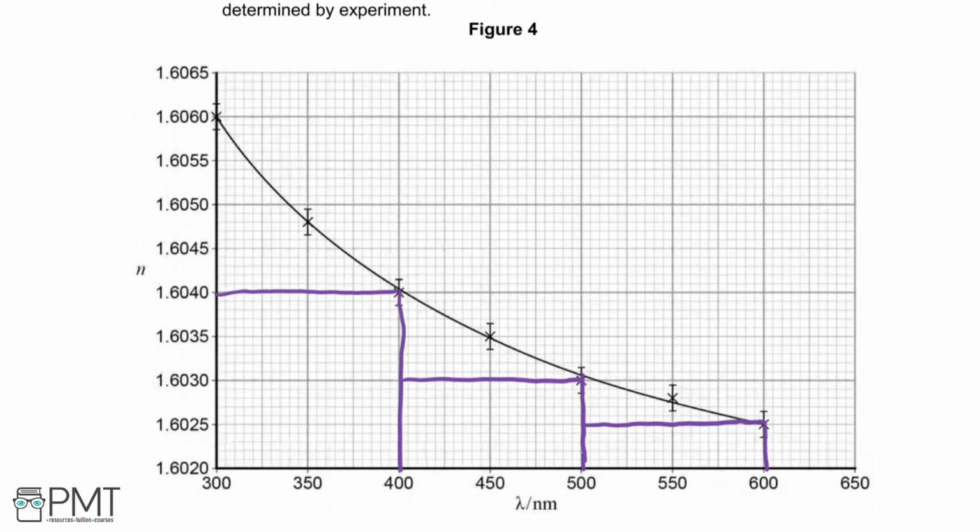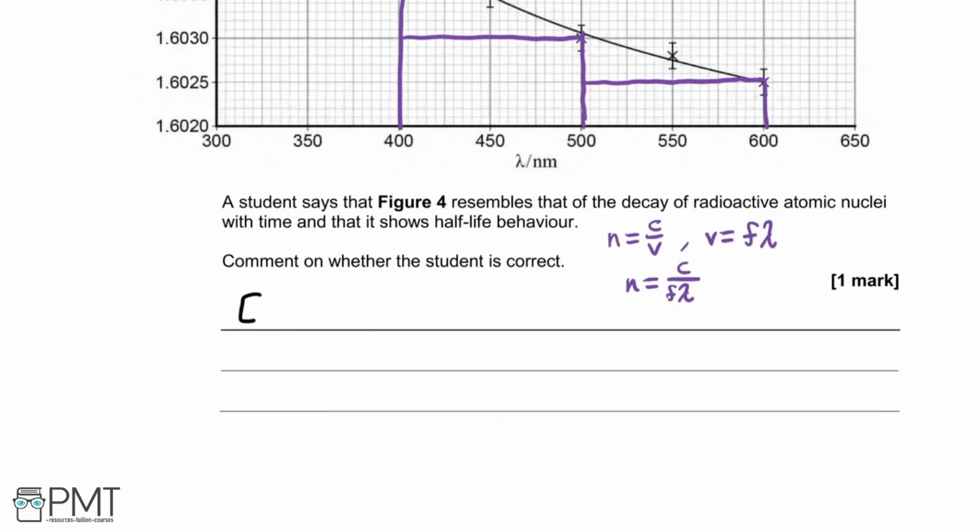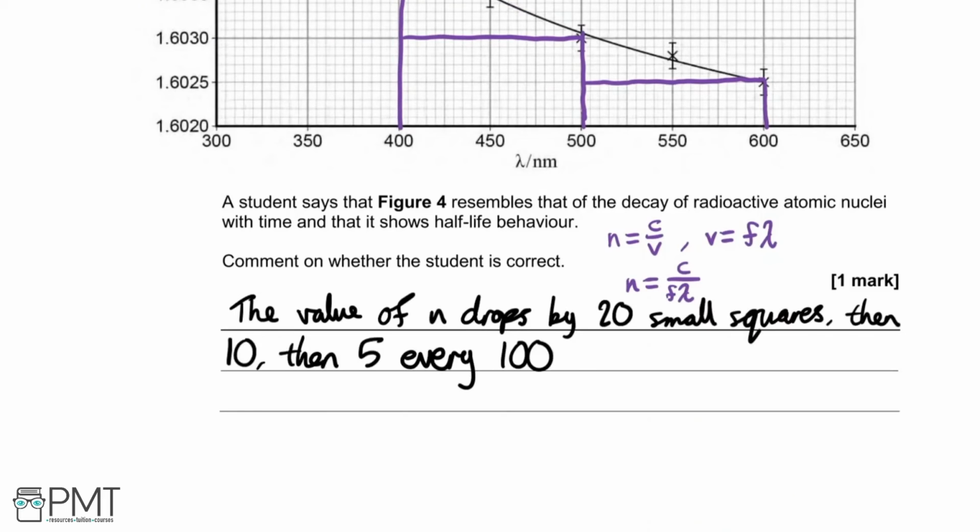And by units, I mean 5 small squares. And that behaves in a very similar way to a radioactive half-life graph, because it appears to be halving each time over a regular interval. Now, we could write that in that question box, and that would be correct. So that's your argument for saying the student is correct.